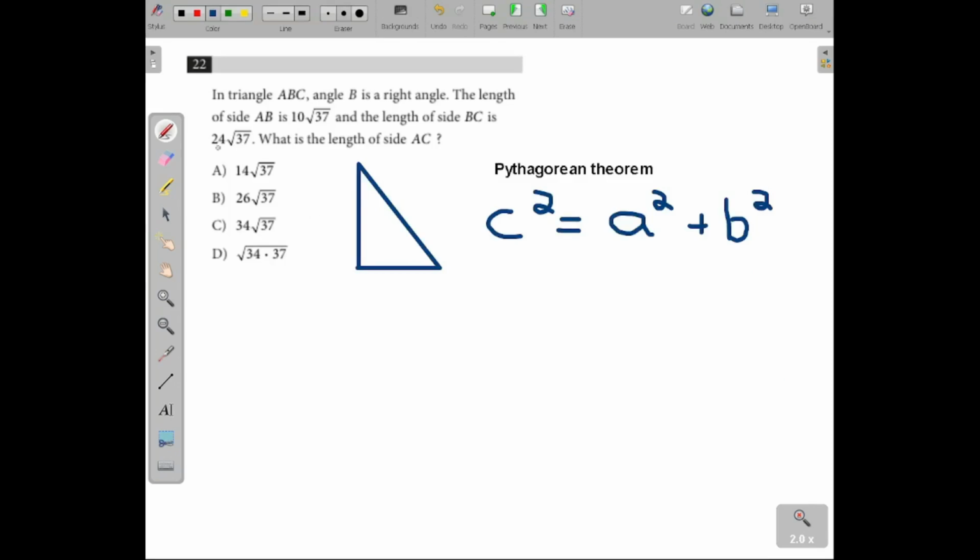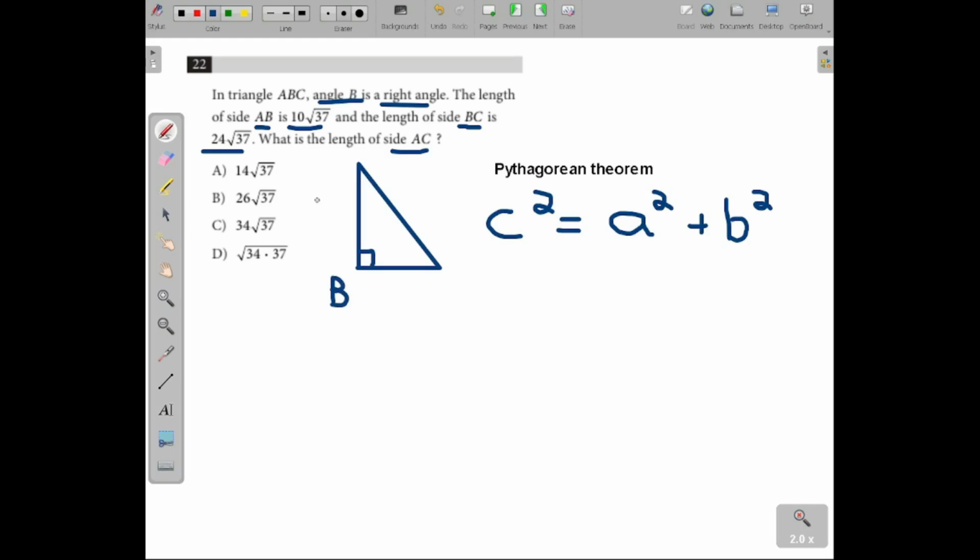Number 22. In triangle ABC, angle B is a right angle. The length of side AB is 10 square root of 37, and the length of side BC is 24 square root of 37. What is the length of side AC? So we have a triangle, and angle B is the right angle, so it's this one.